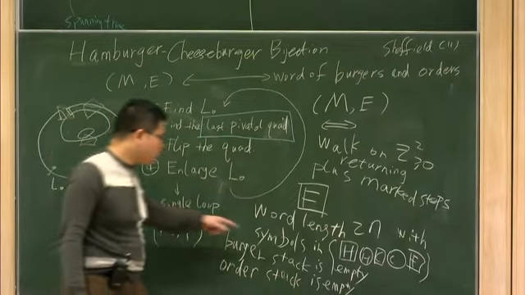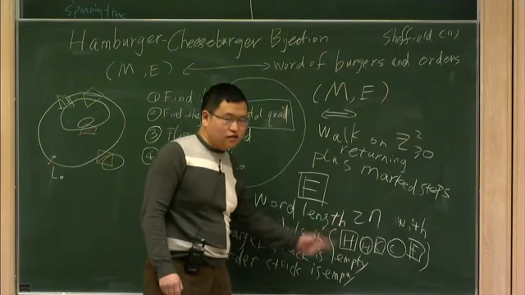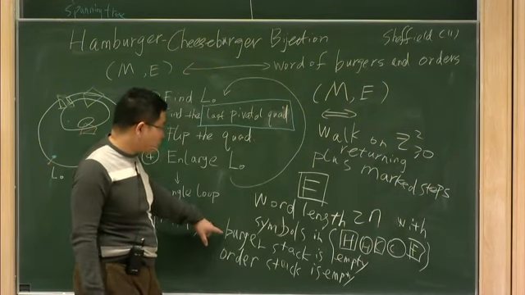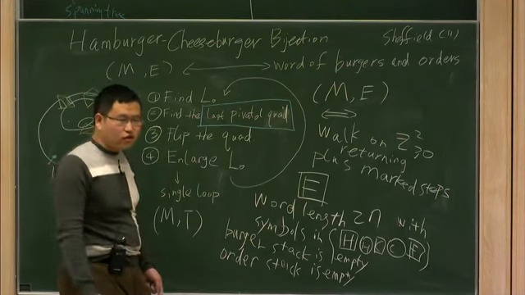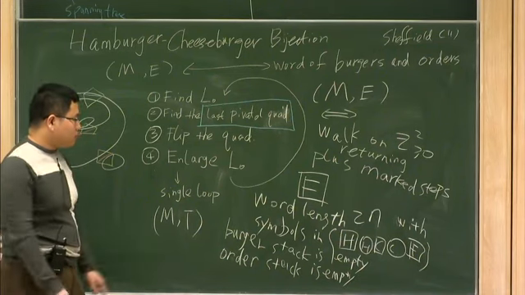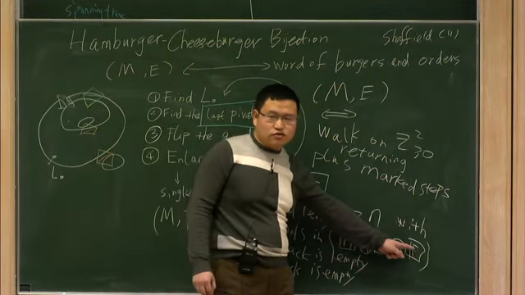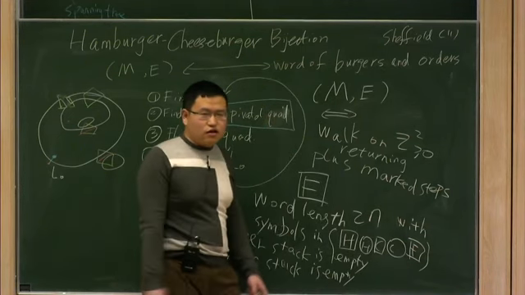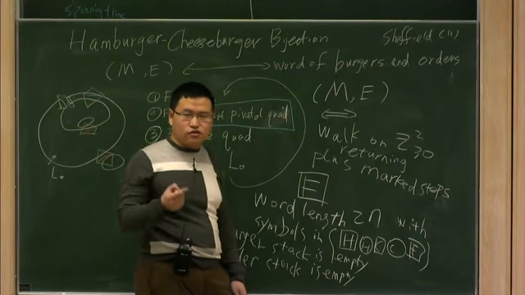Now if you have a word which contains these 5 symbols of length 2n, and it satisfies the condition that the burger stack and order stack are both empty at the end of the day, then you can first find the match of all these fresh orders, and then flip the fresh order into the right type.